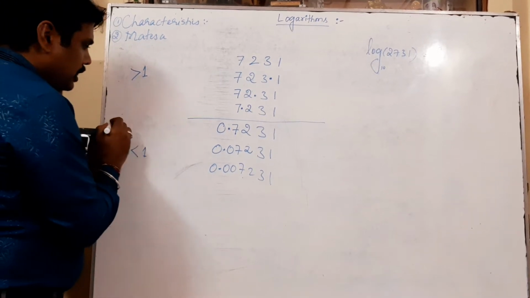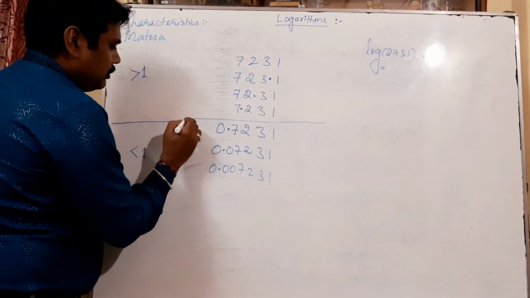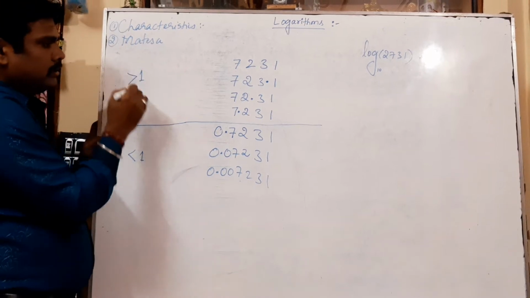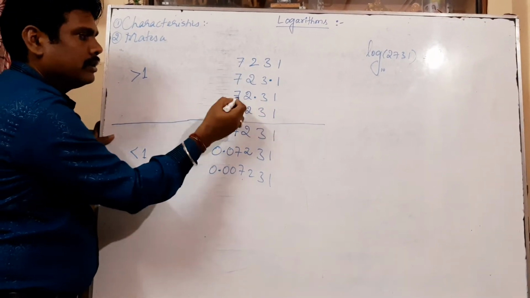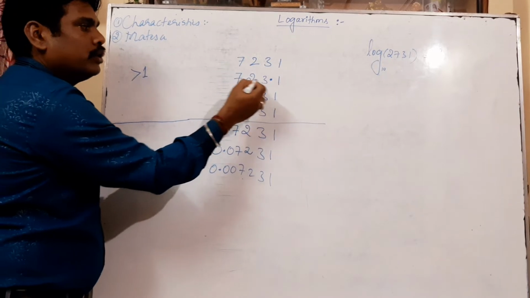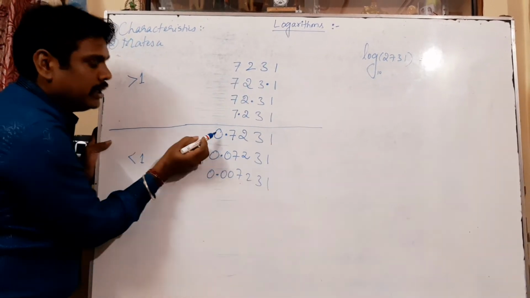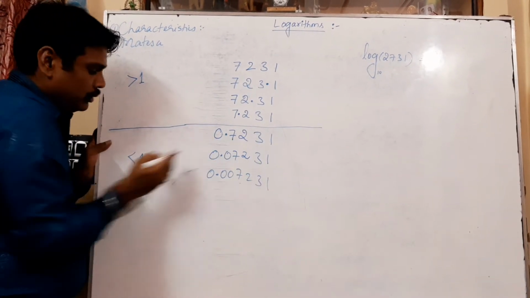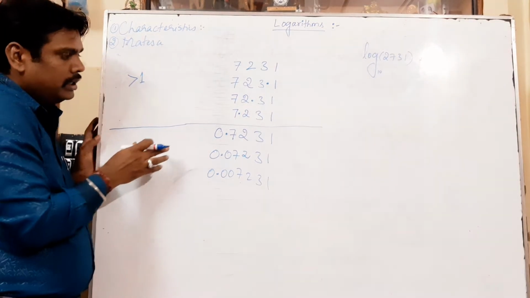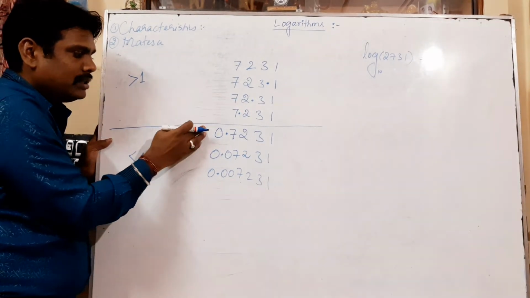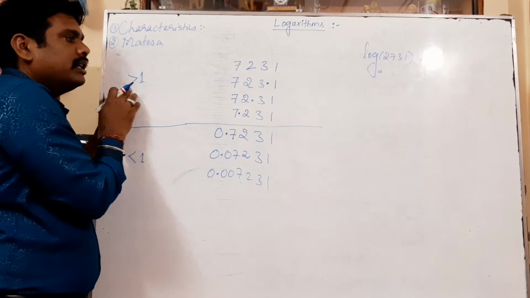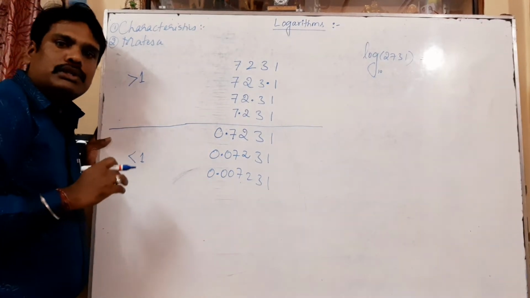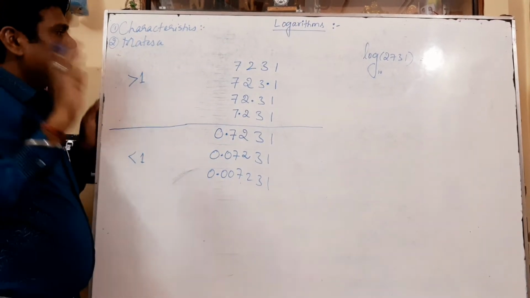Now see, whatever line I have written here, above this line all numbers are greater than 1. 7.2 is greater than 1, 72 is greater than 1, 723.1 is greater than 1, but 0.732 is less than 1. According to the logarithmic language, if the number is less than 1, it is a negative number. If the number is greater than 1, it is a positive number. Here you can remember the rule.